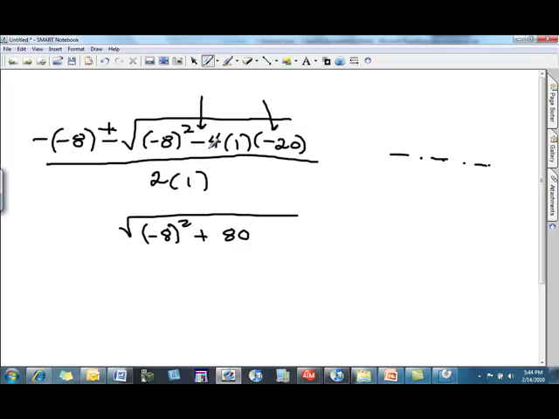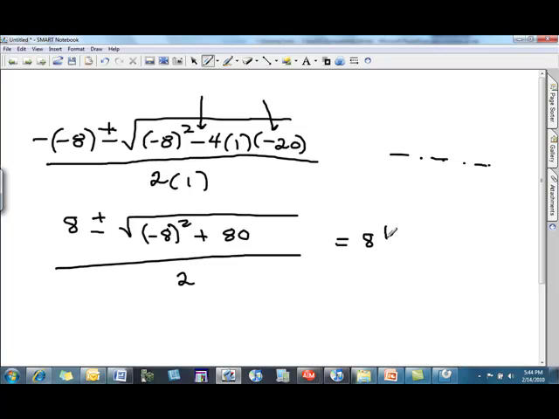But if there's an even number, two of them, this is a plus sign. So right now, we have -8 squared plus 80. We still have the plus and the minus out here. And we have a -8, which is a positive 8. On the bottom, we have 2 times 1, which is 2. So we do our math here. We have 64 plus 80.